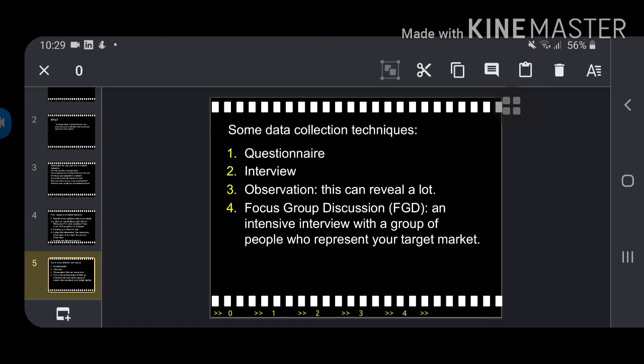This can reveal a lot, because you will see more than just what people say to you. You will see their habits.